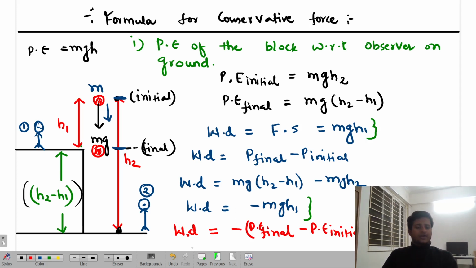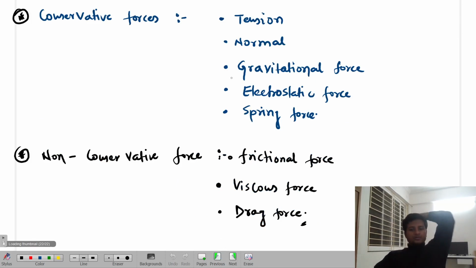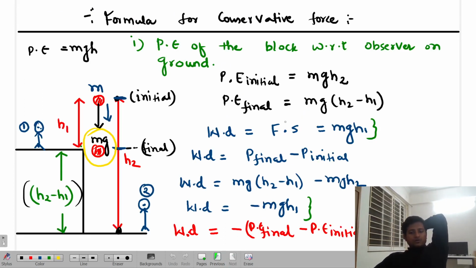Now, why conservative forces? Look over there. This mg is which kind of force? In nature, mg is a conservative force. Mg means gravitational force, and we said that any gravitational force is conservative in nature. So for any conservative force, we know that work done is equal to force into displacement, and I'm getting the same thing when I do P final minus P initial. Are you able to get me or not? But that is negative in nature.